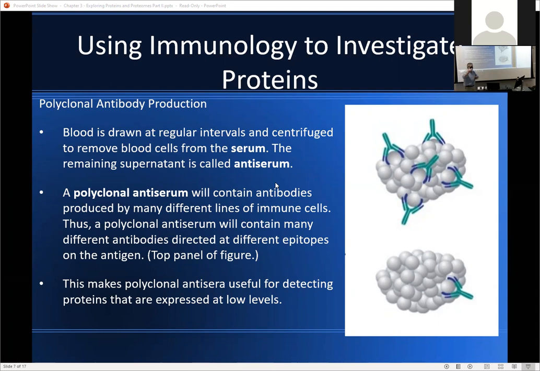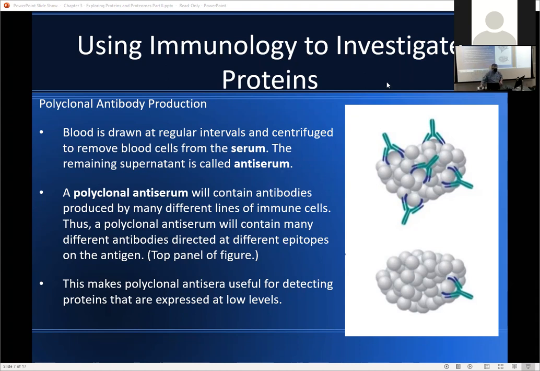Okay, so once these B cells are primed, they're activated, they're going to differentiate into plasma cells that can make a lot of antibody, and also they're going to divide. So each B cell that becomes activated by the protein is going to proliferate into a line of B cells that make one particular antibody that recognizes one particular epitope on the protein.